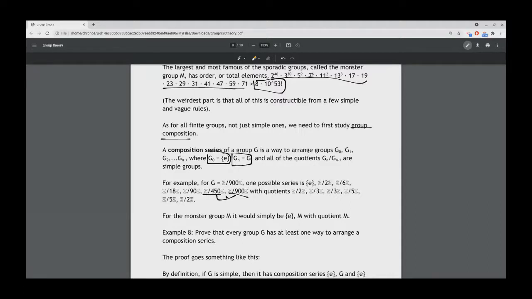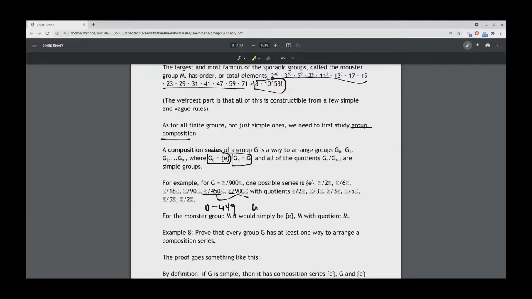But what I mean by quotients is that if you multiply this, every element times here is equal to this. So if we have 0 to 449, we can multiply that by 2. It's spread out.